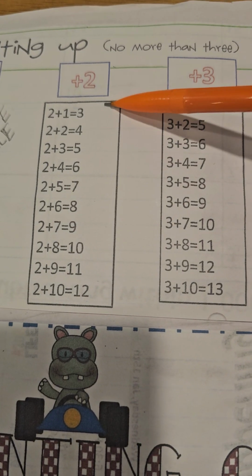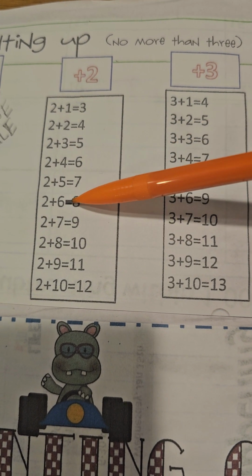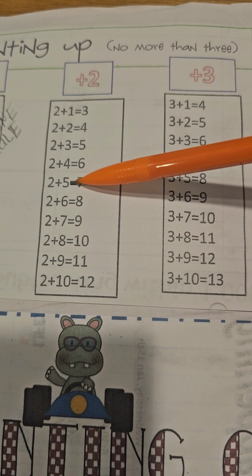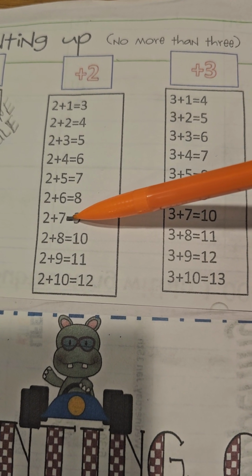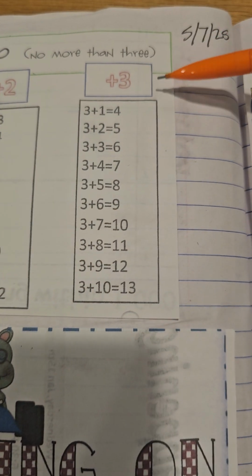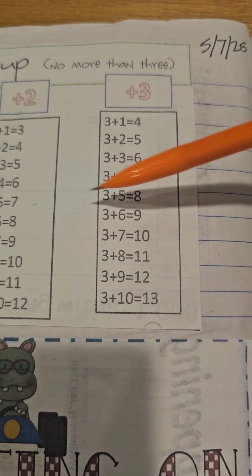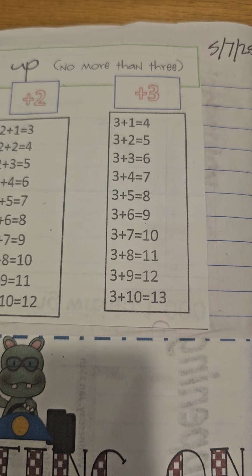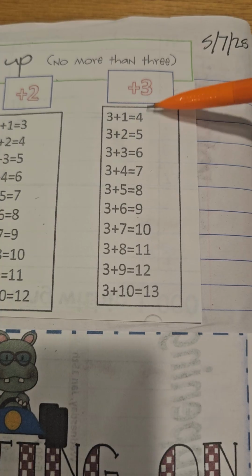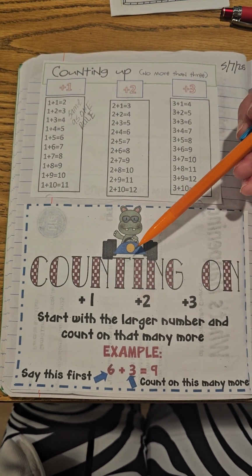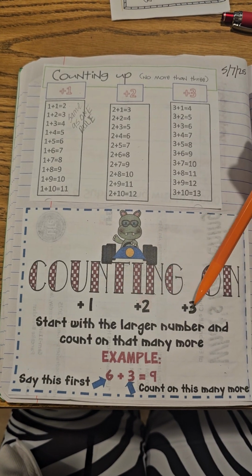And then +2. You're adding 2 to everything. Mentally, you should be able to do this in your head. 5, 6, 7, or 7, 8, 9. And same with +3. You'll have these sets of flashcards as well. All it says down here is counting on, +1, +2, +3.